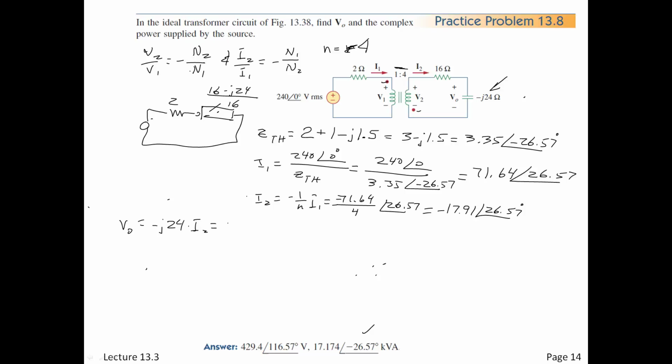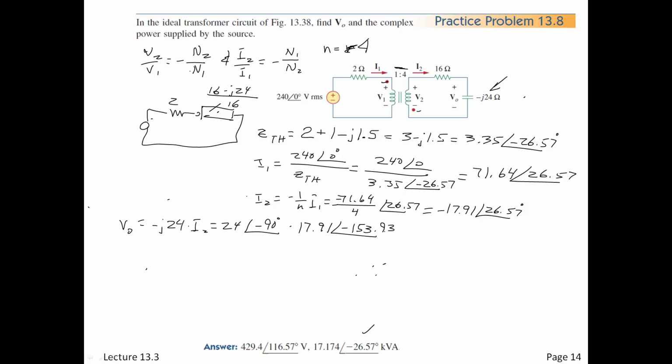So more math, 24 at an angle of minus 90 times 17.91. And you can do the minus if you want, but I'm going to go with minus 153.43. So I did a 180 degree inversion there.